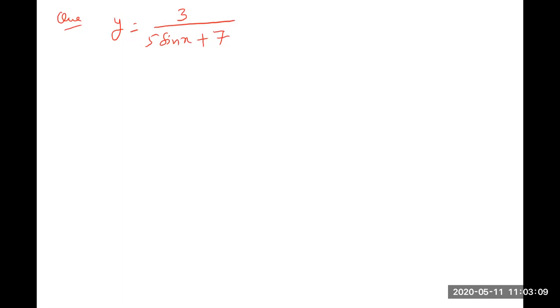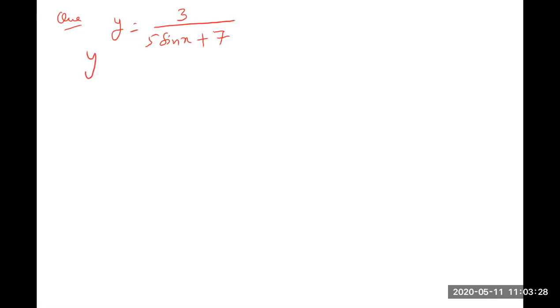So in this question, it is clear its numerator is constant. It depends on the denominator. By what are we dividing? Y will be maximum when 5 sin x plus 7 is minimum. If I divide by a maximum, this will be minimum.